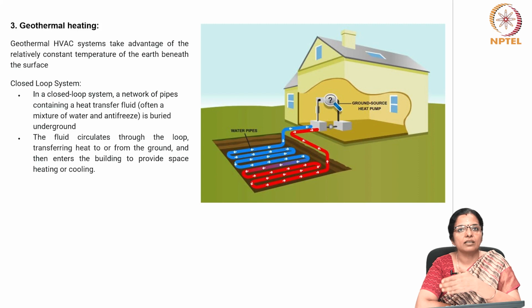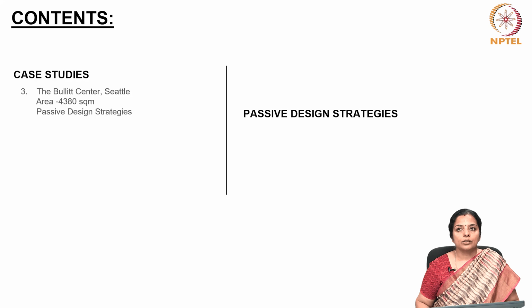The fluid circulates through the loop, transferring heat to or from the ground, and then enters the building to provide space heating.